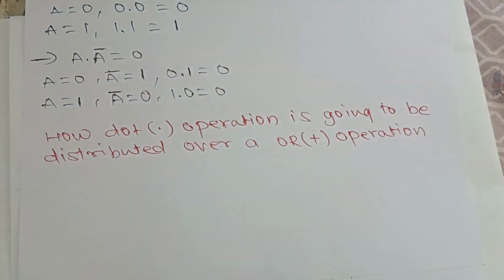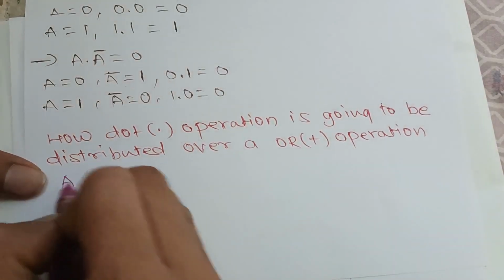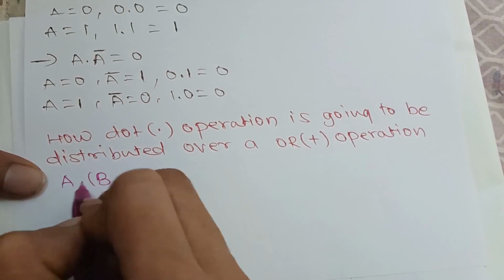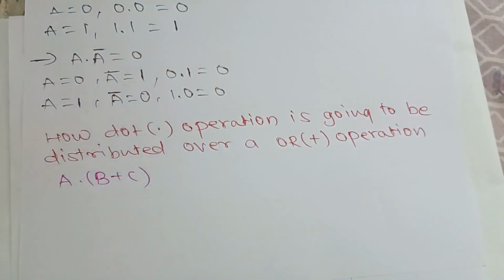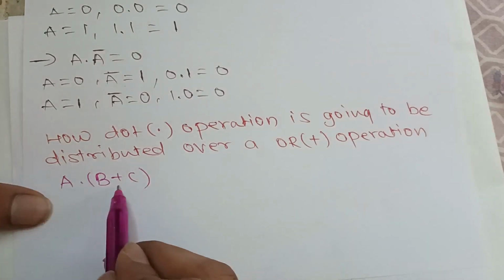We'll take some dummy example of it. Suppose a dot, bracket b plus c. This is an example. So how is this dot going to be distributed over this OR operation?